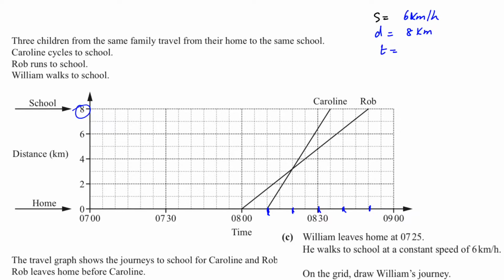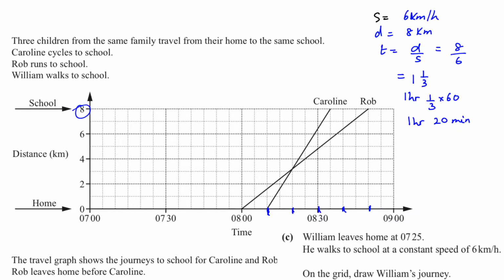So to find the time, we will use distance over speed, 8 over 6. When you simplify this, change it into a mixed fraction, 1 and 1/3. So we have 1 hour and 1/3 hour.